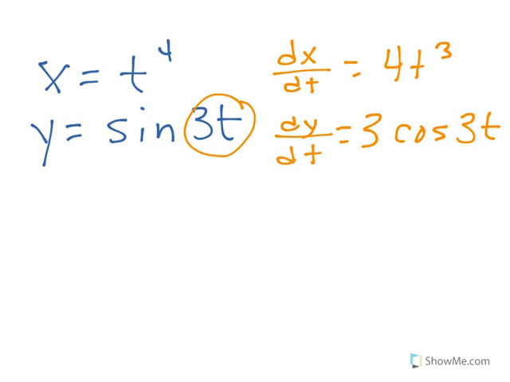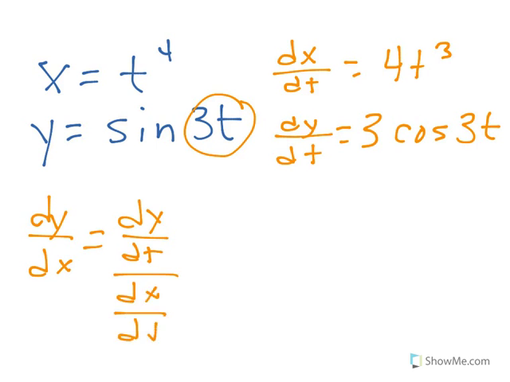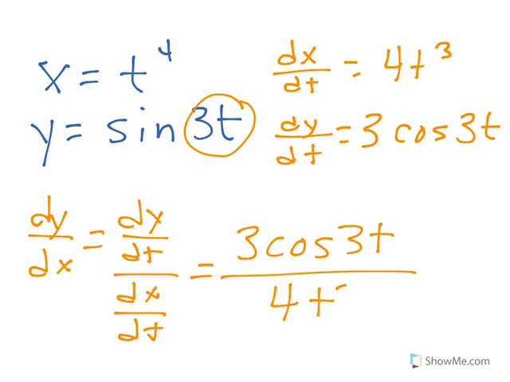You can write the 3 before or after. It doesn't matter to me either way. So dy/dx equals dy/dt over dx/dt. So make sure you put it in the right order. So it equals 3 cosine 3t over 4t to the third.